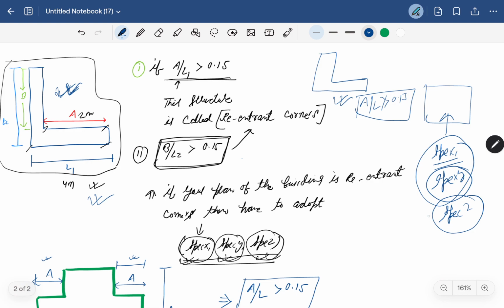So in that case there is no need to apply spec z, only spec x and spec y. But if a by this length and this length is greater than 0.15, then we come to know that this structure has reentrant corners. In that case you have to apply spec z also.